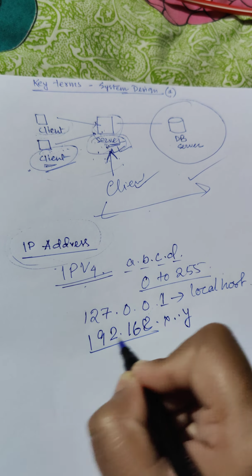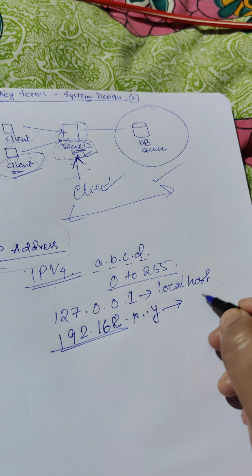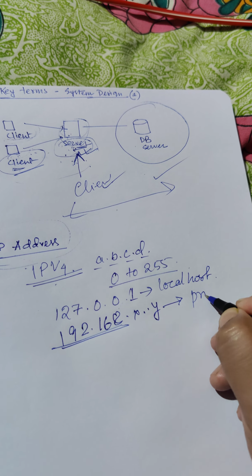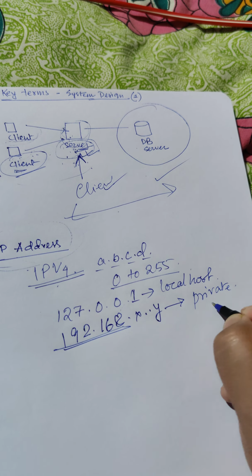So this is a prefix you can observe on the machines connected to a private Wi-Fi network.